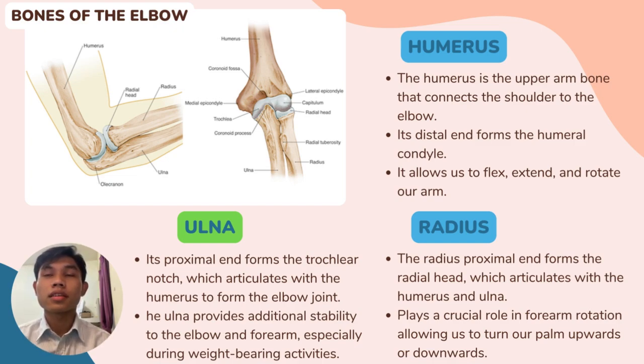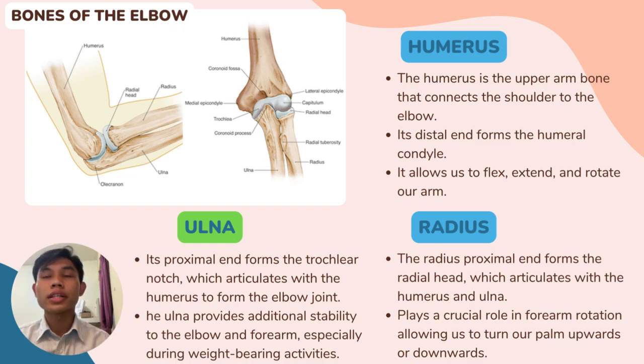Next, the radius is one of the two forearm bones. Its proximal end forms the radial head, which articulates with the humerus and ulna. The radius plays a crucial role in forearm rotation, allowing us to turn our palm upwards or downwards.